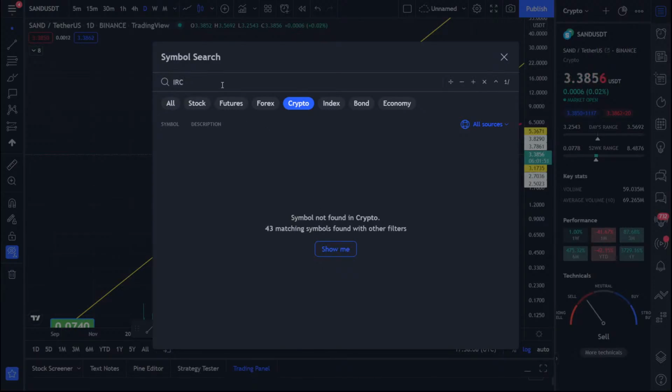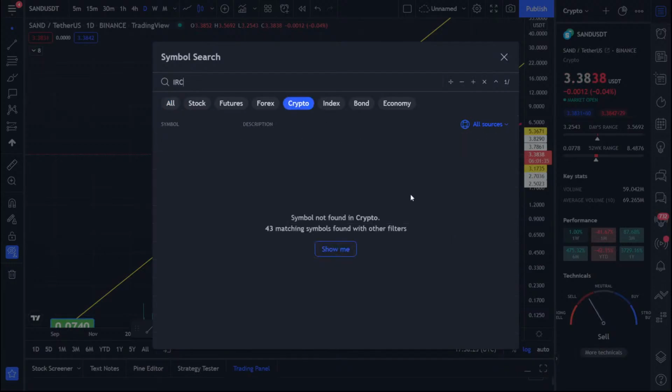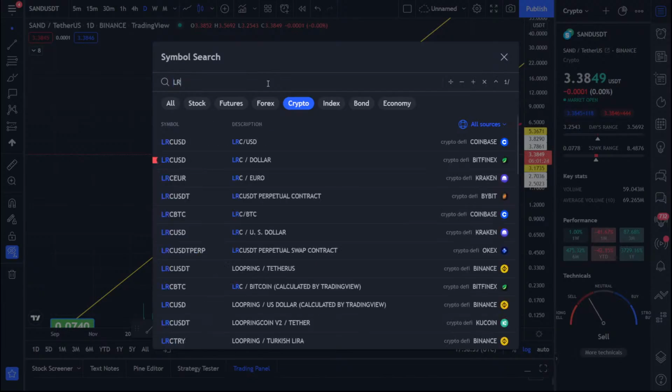Is it a cryptocurrency, or can you just type the full name of this coin, please? Because overall it's not coming up. And is it a token that you purchase on Uniswap or oh, LRC. Sorry. Of course, Loopring.